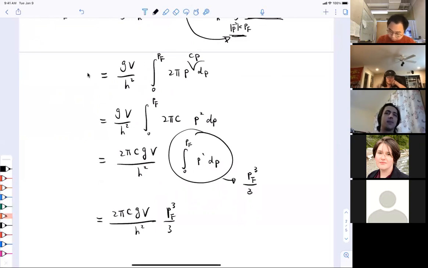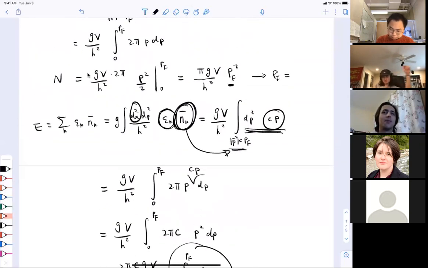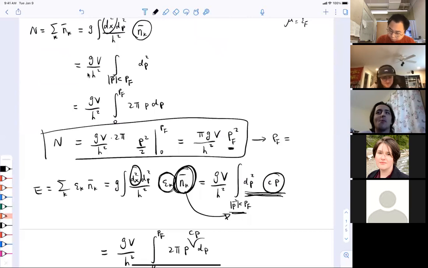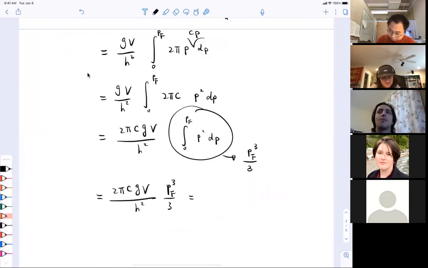Right, and we know pf from the previous calculation. We just need to plug in and write this in terms of the parameters we know. That's the energy, right? Is it clear?